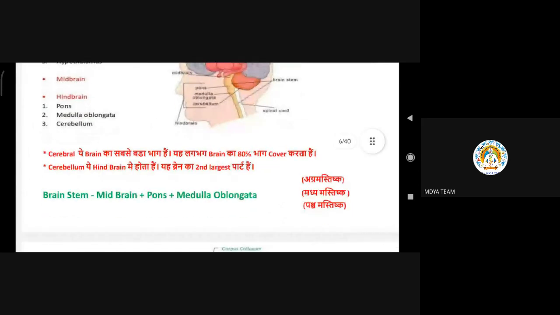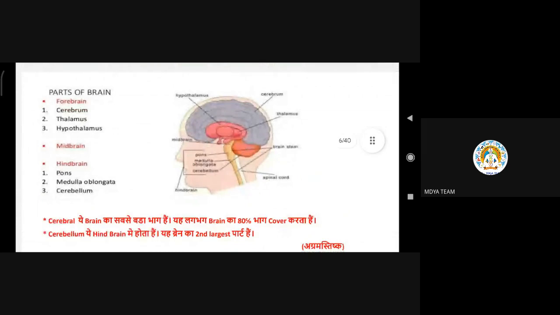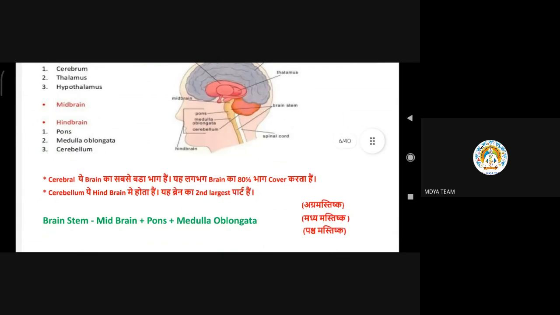The cerebrum is part of forebrain, and cerebrum is 80% of the brain, and the second largest part of the brain is cerebellum, which is also known as the small brain.